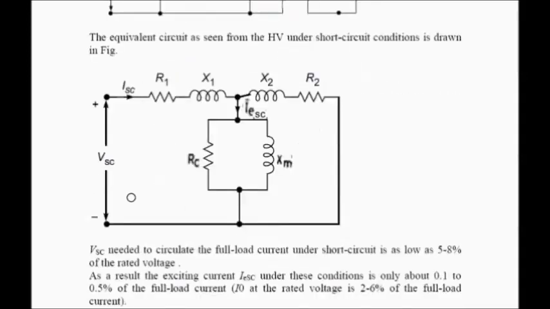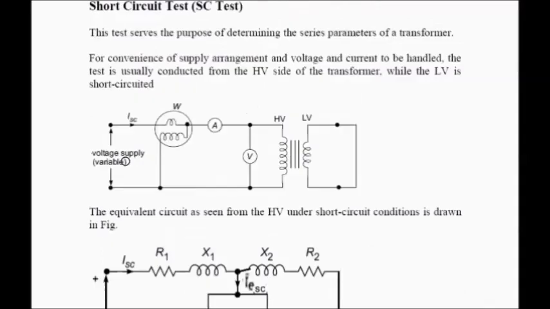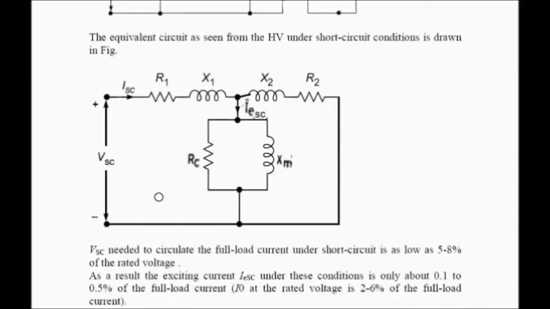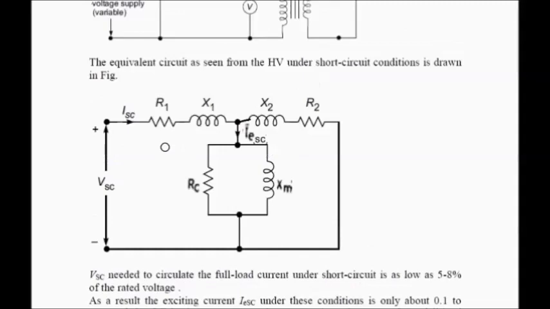So this is the case with short circuit test. And why only 5 to 10% of rated voltage is required is that in this transformer, R1 plus R2 and X1 plus X2 are very small.